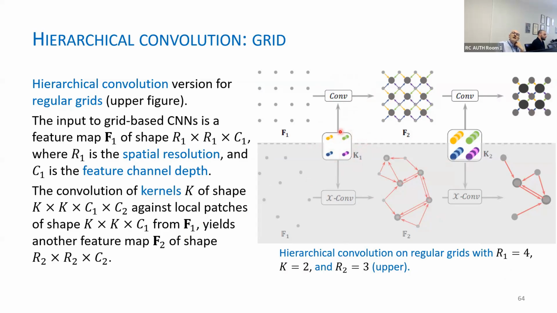In general, it has a dimension K. When you convolve, what you obtain is another grid, like the next layer, with a lower number of points.